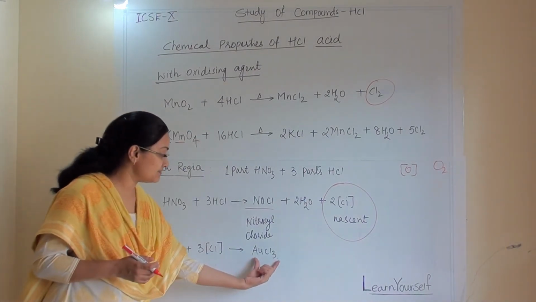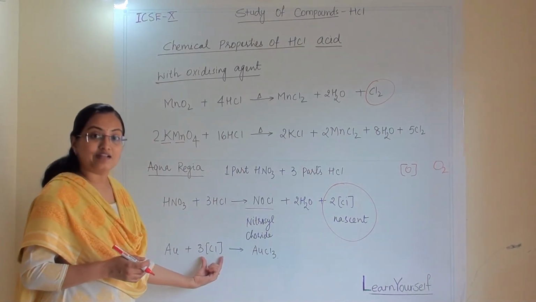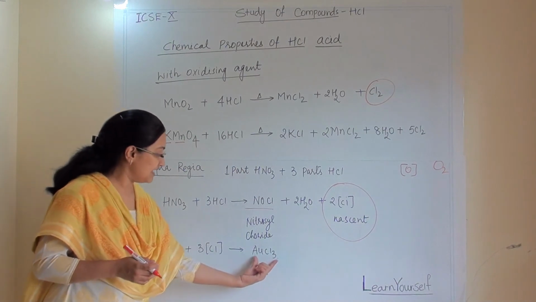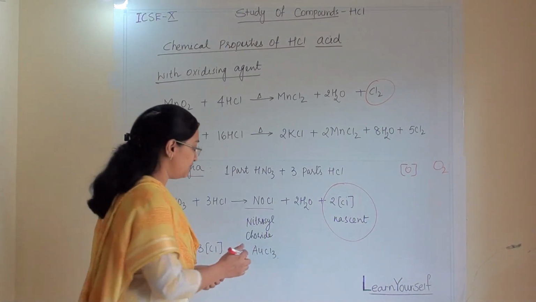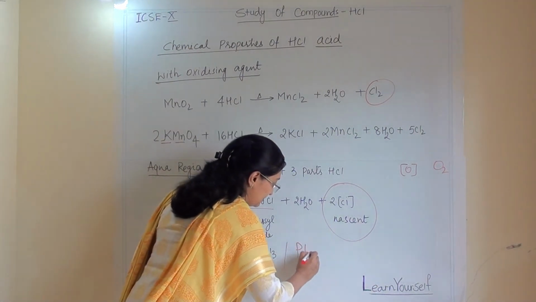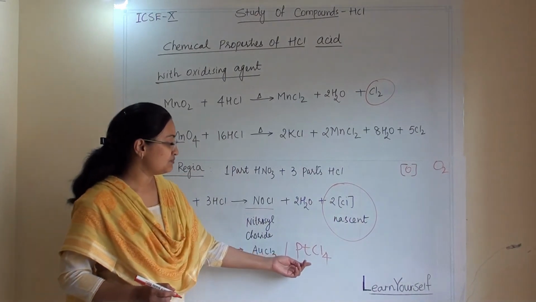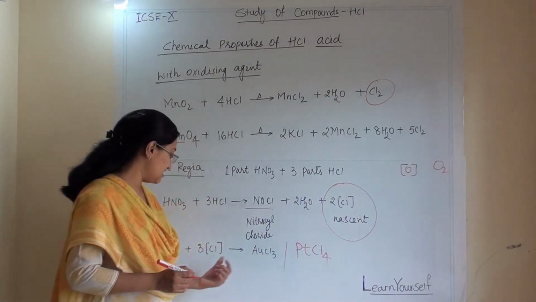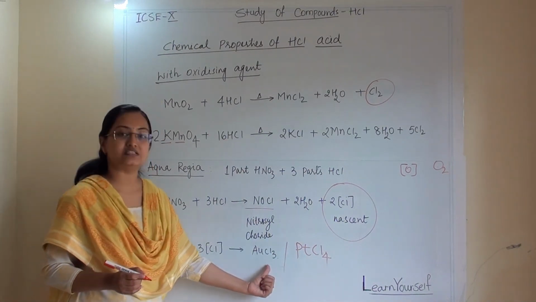This is gold: 3 atoms of chlorine we use and we will get gold chloride. Also with platinum it will make platinum chloride. The molecular formula for that is PtCl4 and the reaction is Pt plus 4Cl, you will get PtCl4.